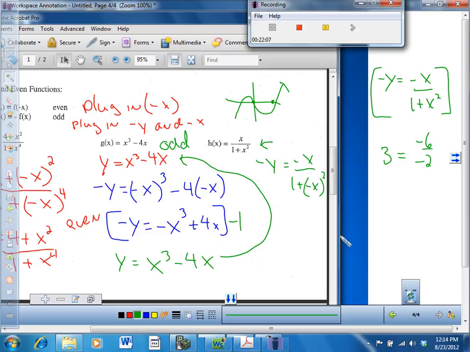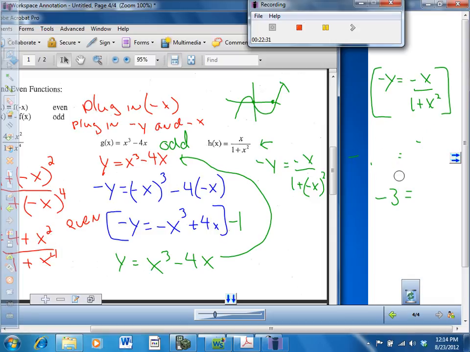Would you agree with that? Okay. So if I multiply this by negative 1, I get negative 3 equals, I don't multiply both of these, right? Because that'd change it into a positive. So I just multiply one thing, because this is a quantity in itself, okay?